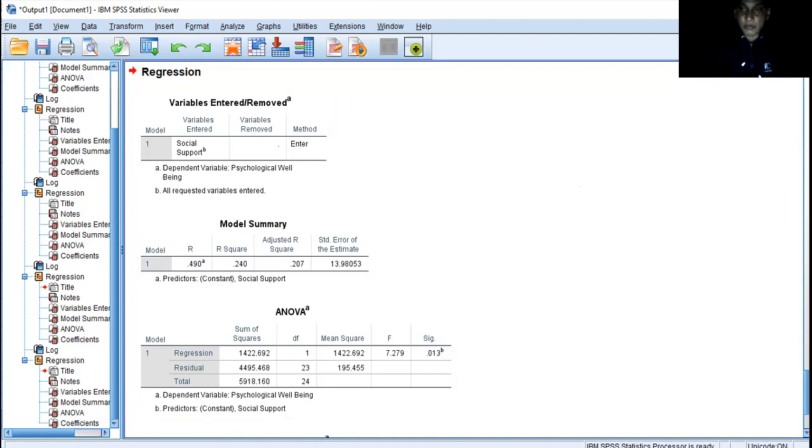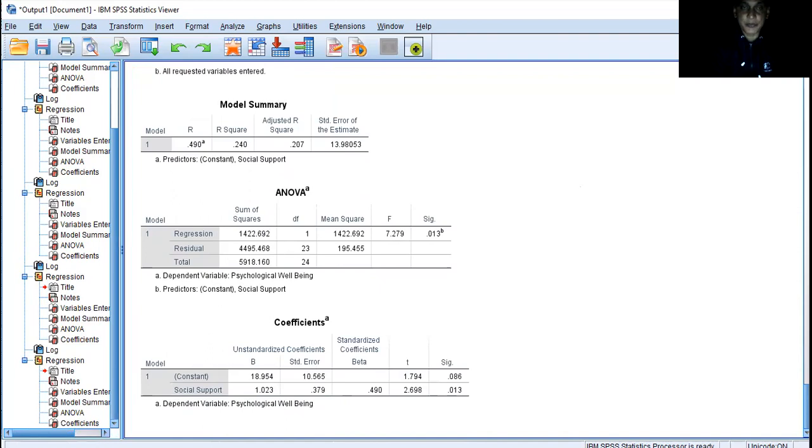Next, when we are talking about the significance part, ANOVA, the F value comes to 7.279 with a significance of 0.013.